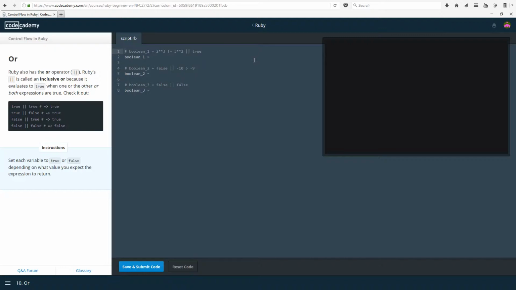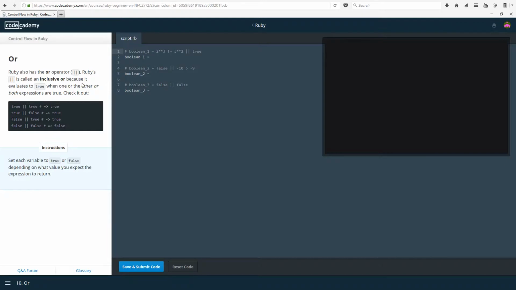Check it out. So you also have exclusive or, XOR. So XAND, as I mentioned before, means exclusive AND. XOR means exclusive OR. It would mean that when you have true and true, it's going to evaluate to false. That's an exclusive OR.